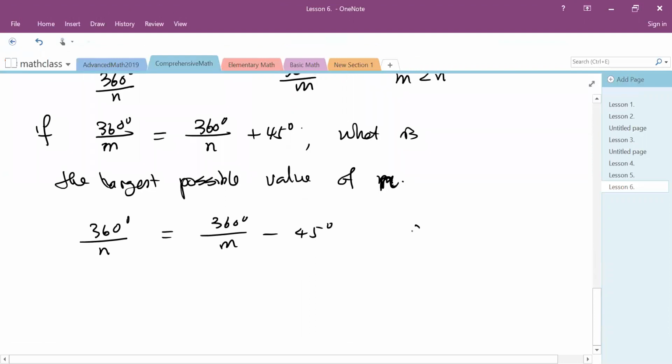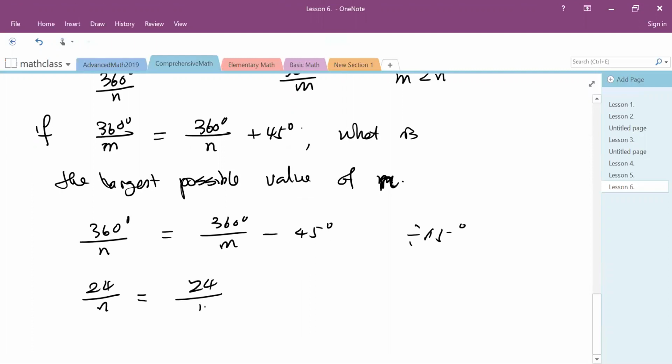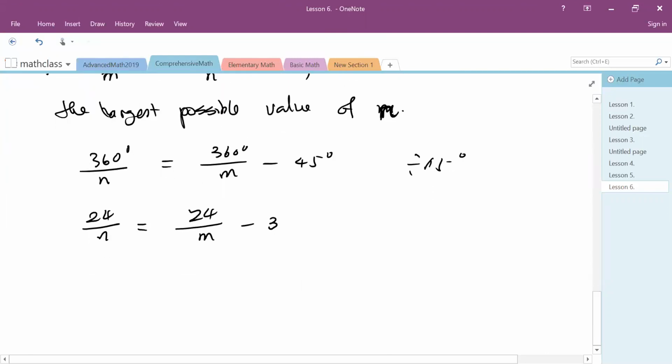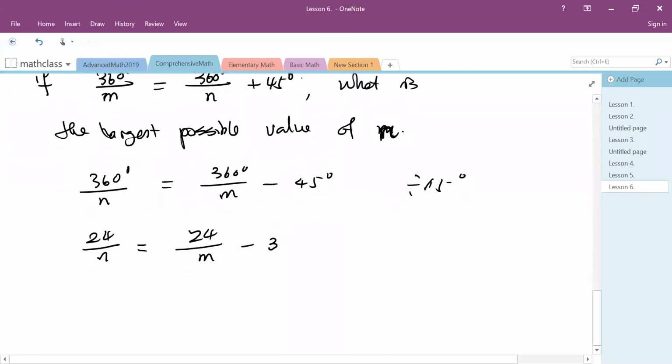If you divide by 15, that's simplifying a little bit. So 24 over n divided by 15 degrees, then the degree is gone, right? 24 over m minus 3. Then 24 minus 3m divided by m.